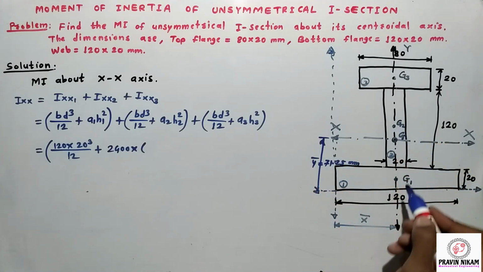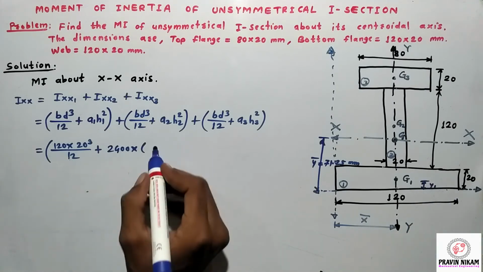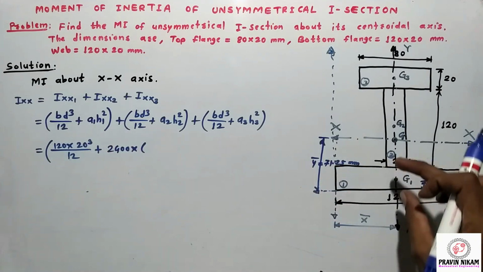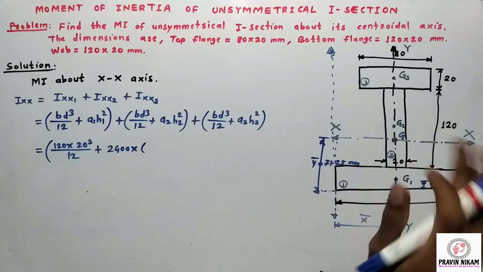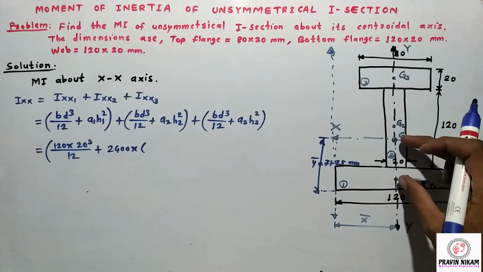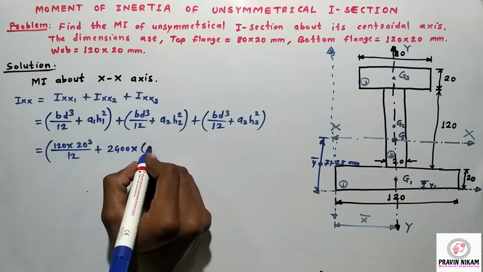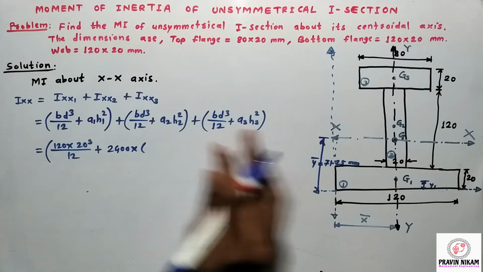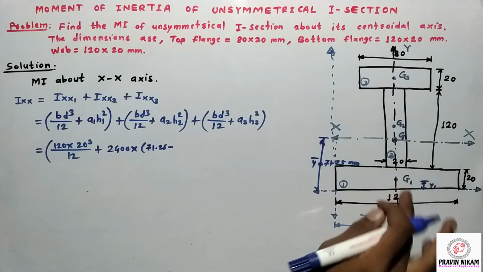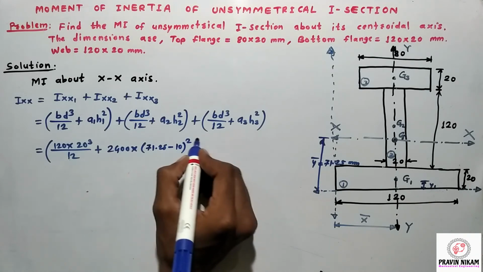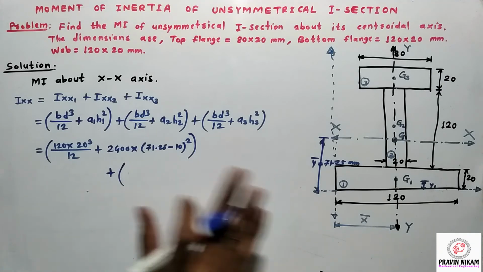Now this is Y1. H1 means the distance between G1 and the horizontal centroidal axis, so it is Y bar minus Y1. Y bar is 71.25 minus Y1, which is 10, bracket square. Section 1 is over for now.